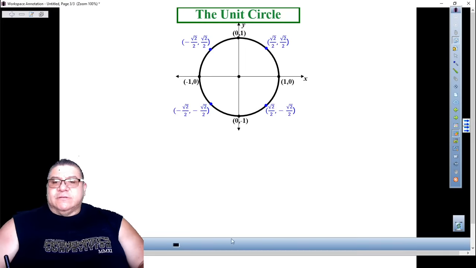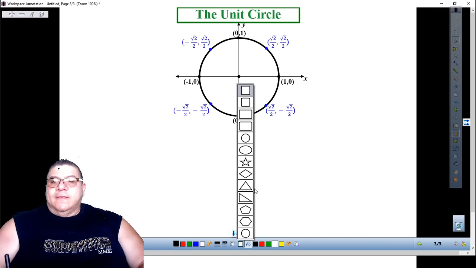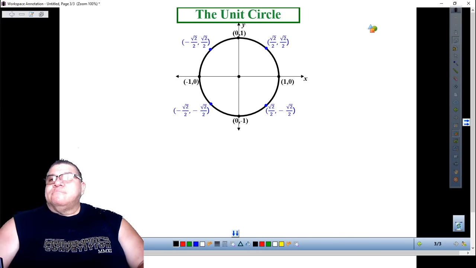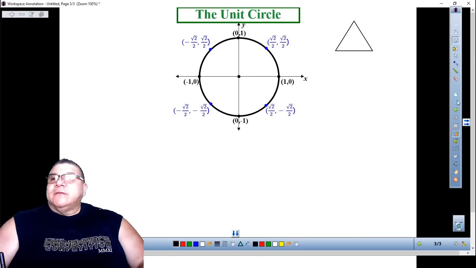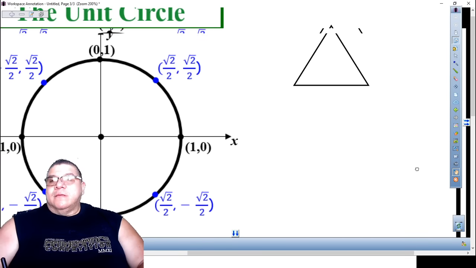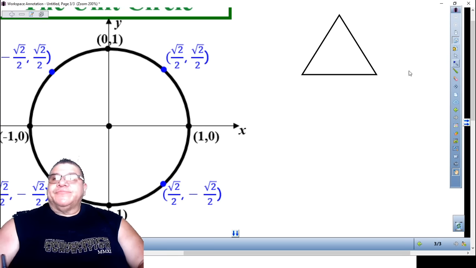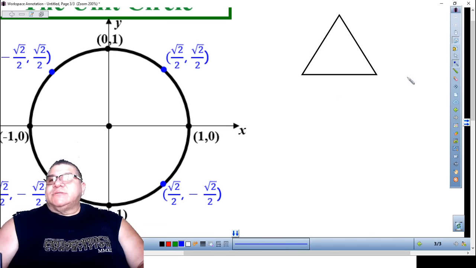So check this out. Where are we at? Okay. There it is. All right, let me zoom in. Okay, so let's see. So this is a special triangle because it's known as an equilateral triangle.